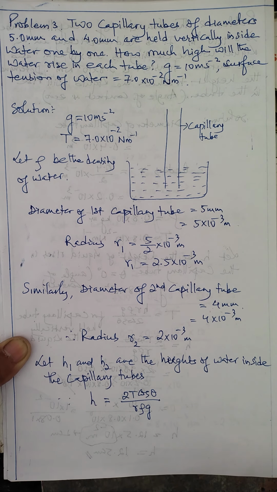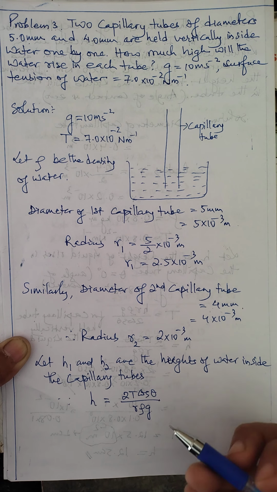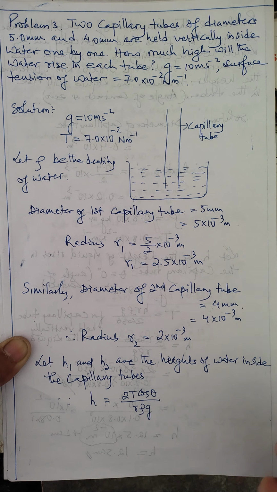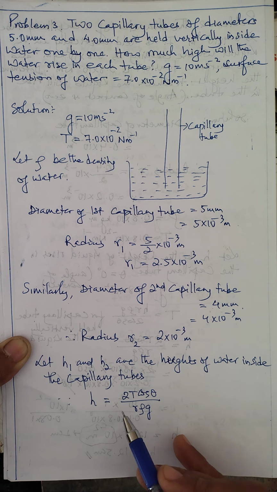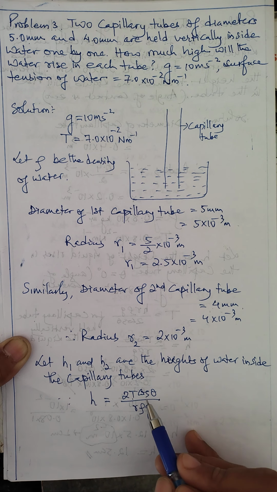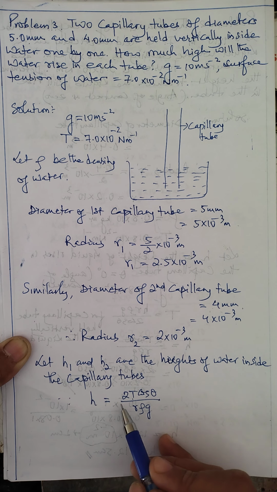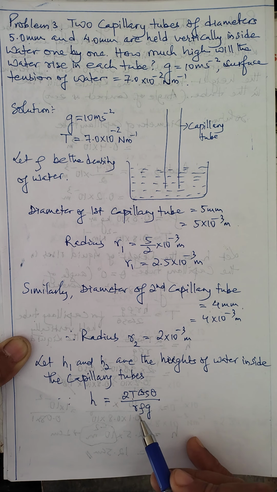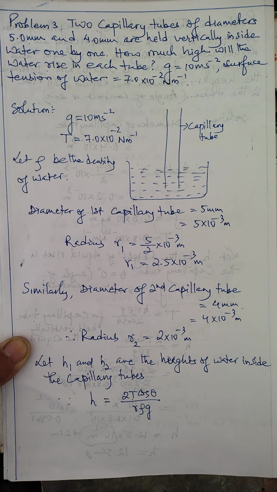Children, look at the formula of the height of liquid, or simply water here, that rises in the capillary tube. It can be measured by 2T cos theta by r rho g. T is the surface tension, cos theta is for the angle of contact, divided by radius, density, and acceleration due to gravity.